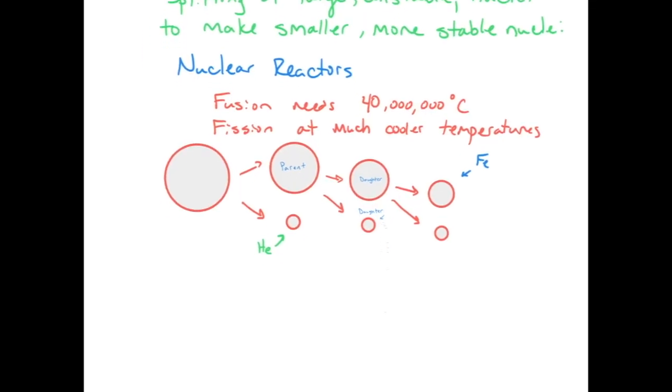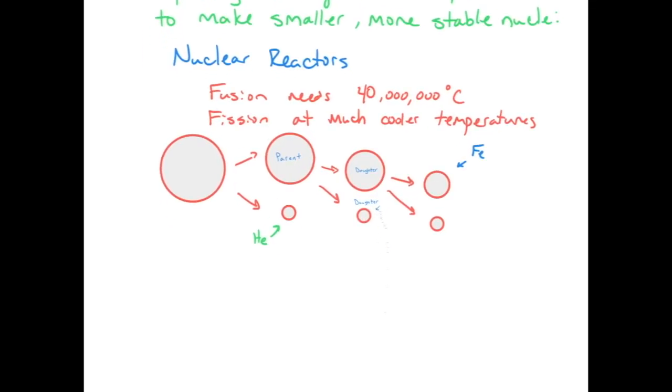I'm going to show you now one of the most common nuclear reactions that is produced in a nuclear reactor, and it requires the use of uranium, which is a very, very large and radioactive element. Uranium, with a mass of 238 and a number of protons of 92, splits up into thorium with a mass of 234 and an atomic number of 90, and a helium atom.